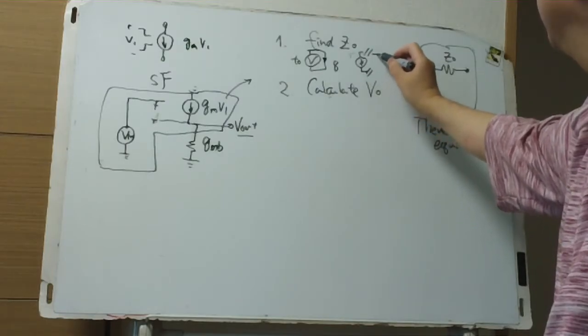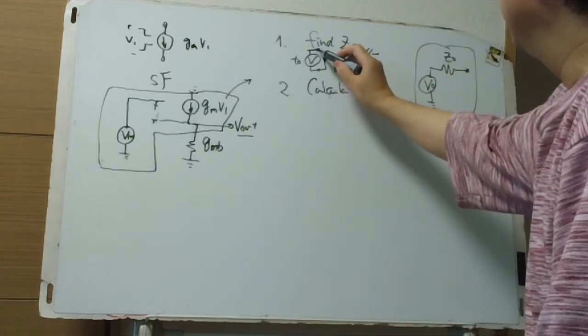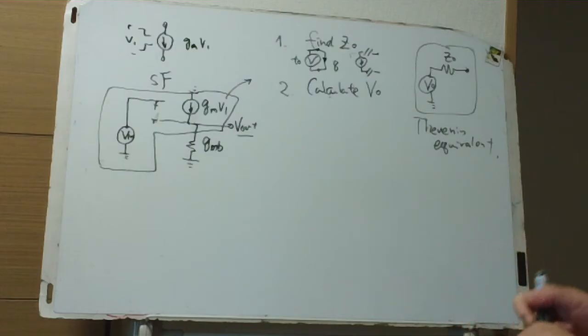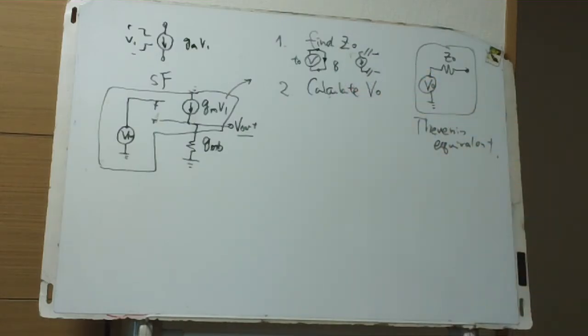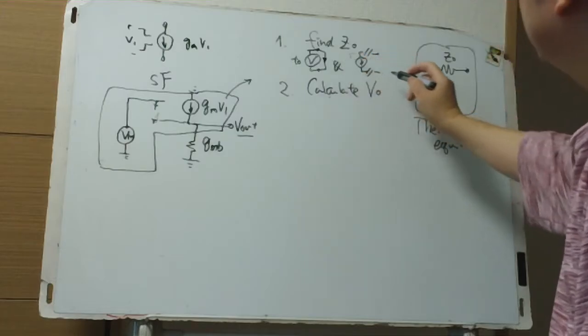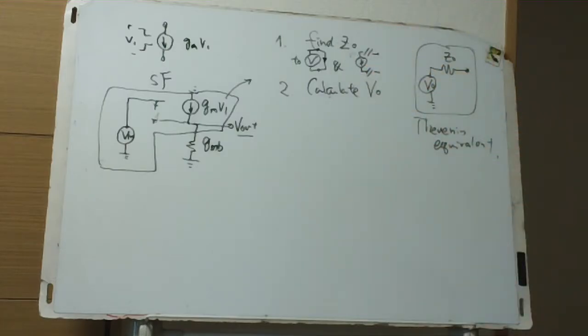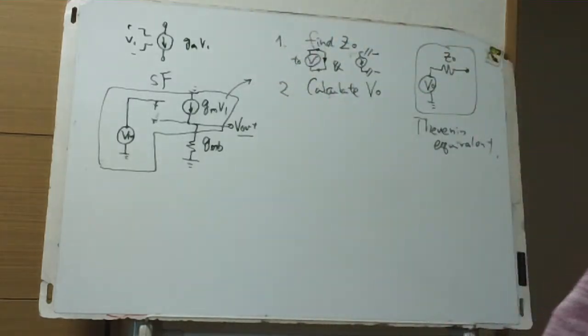Short all of the voltage sources, open all of the current sources, and calculate and do some arithmetic action to find ZO.